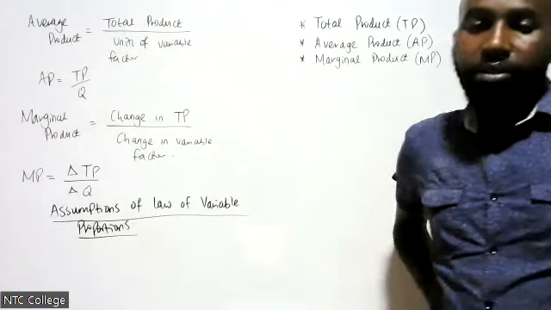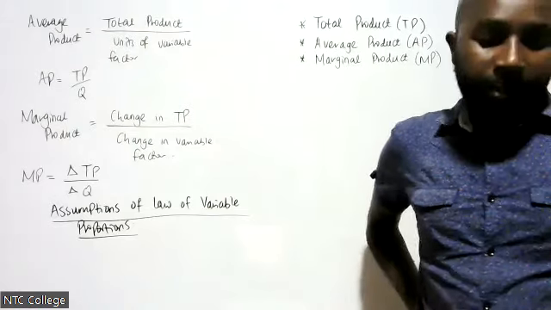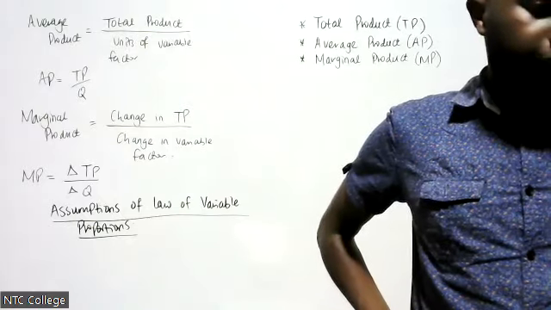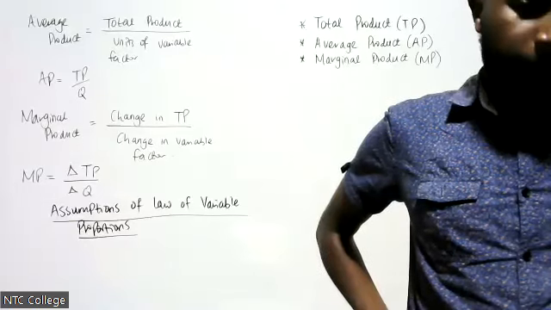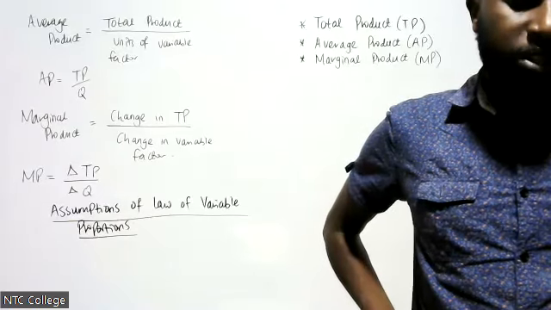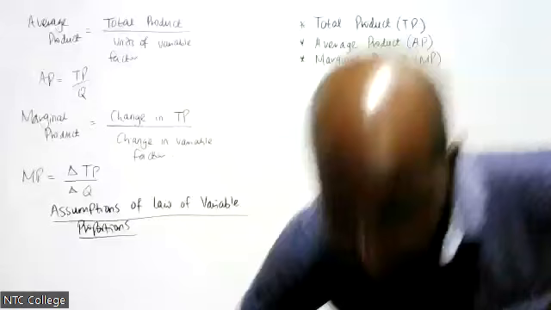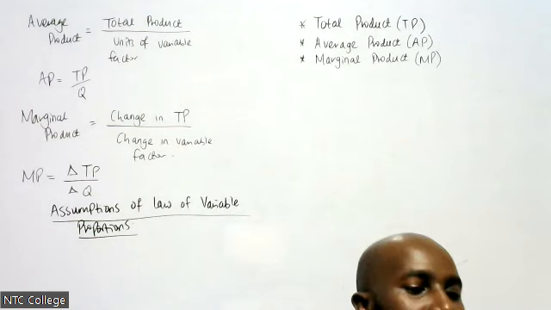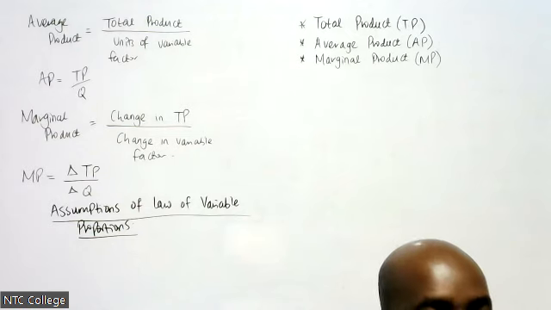Assumption number one: factors of production are assumed to be used in different proportions.